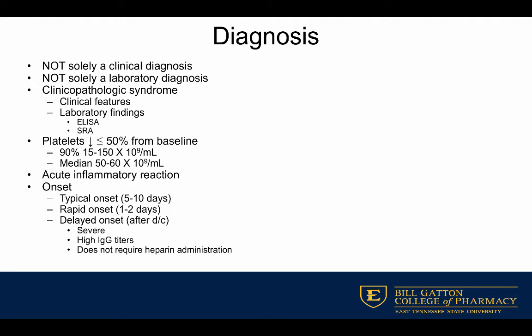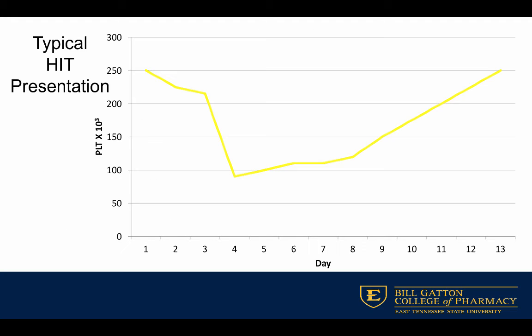And the rapid onset primarily is going to be seen in patients who have been exposed to heparin previously. For the purposes of the information we're talking about for this course, you won't need to worry about delayed onset.